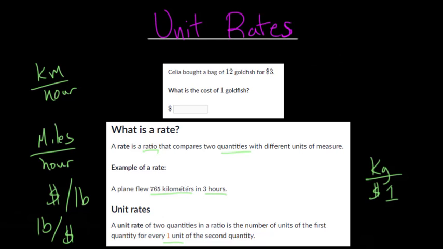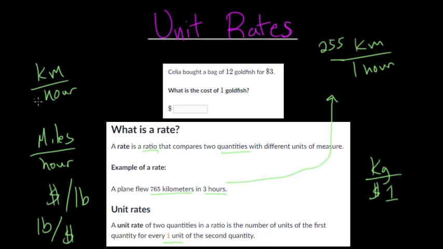So to find the unit rate for this, because now we want a number of kilometers in 1 hour, we would just divide 765 divided by 3, and that would give us 255 kilometers in 1 hour. So the main idea of a unit rate is that it's a rate, but the unit in the denominator will just have one of those.